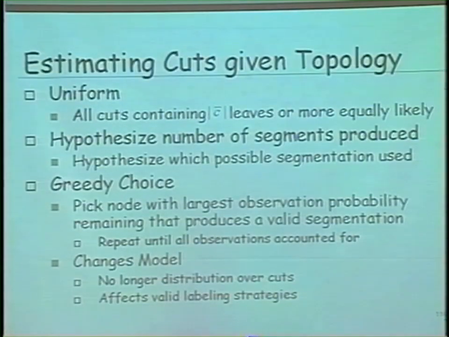And what saves us here is that we're constrained by the tree as to what segmentations are allowed. So we're not going to look at all possible segmentations, only those allowed by the tree. And we may try a greedy approach to eliminate the distribution over cuts altogether. So here there would be a single cut for this model, and that may or may not work.